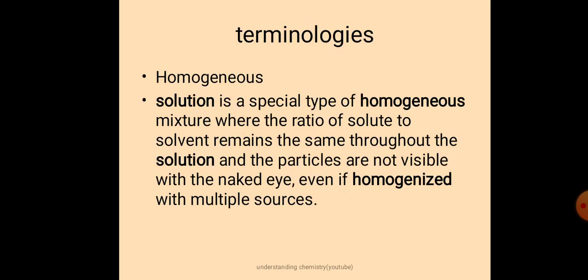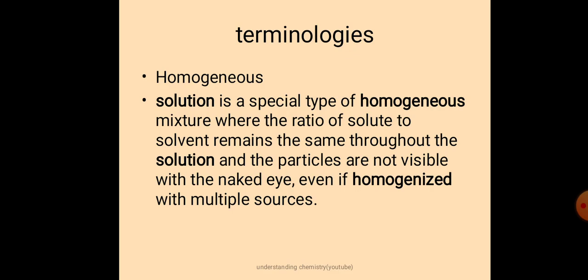The first word is homogeneous. A solution is a special type of homogeneous mixture where the ratio of solute to solvent remains the same throughout the solution and the particles are not visible with the naked eye. So, for example, you can take a tumbler of water to which you can add a spoon of salt.